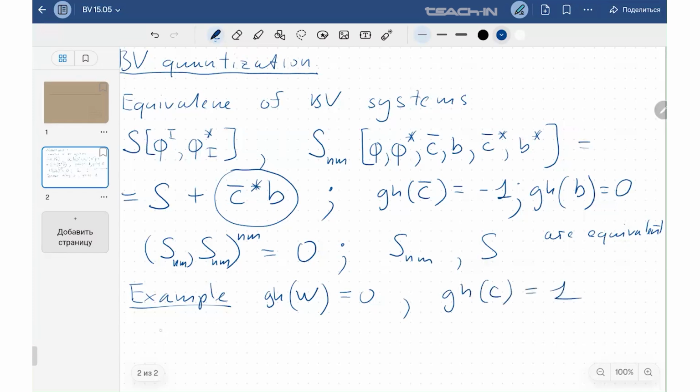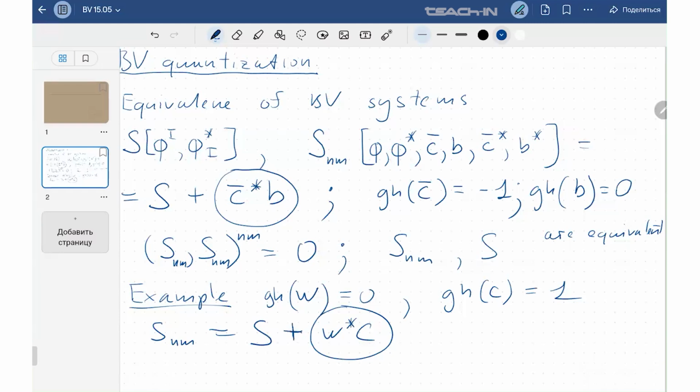And then we can consider another non-minimal action, which reads like this. That's our initial action plus w star c. Of course, together with w and c, we have their conjugate antifields. What is the meaning? What does this term tell us? What is the meaning of such a term?